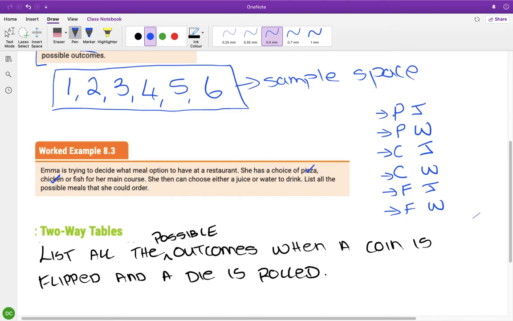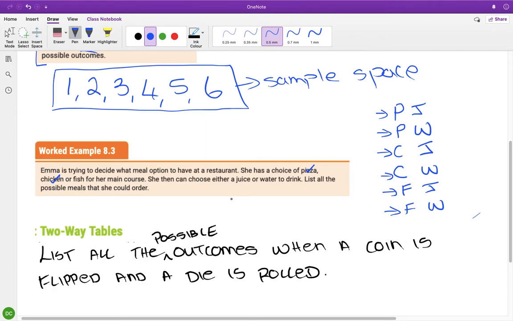Okay, so that's a slightly more complicated example where we had to mix two options, her meal and her drink. And I still created my sample space. Obviously I didn't use full words, but that's fine. So you can see pizza juice, pizza water, chicken juice, chicken water, fish juice, fish water.